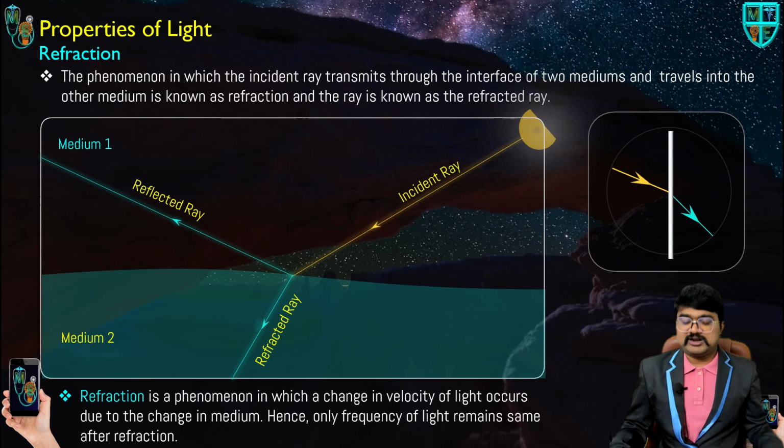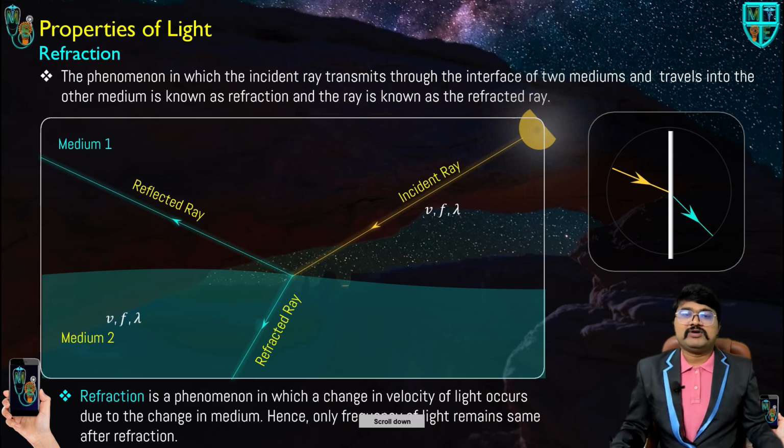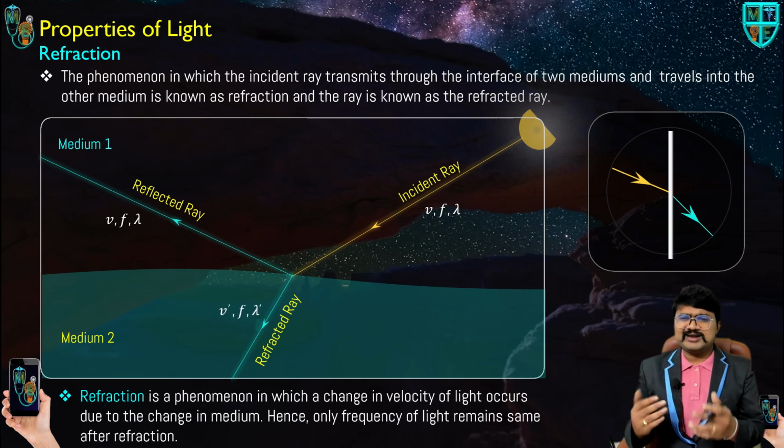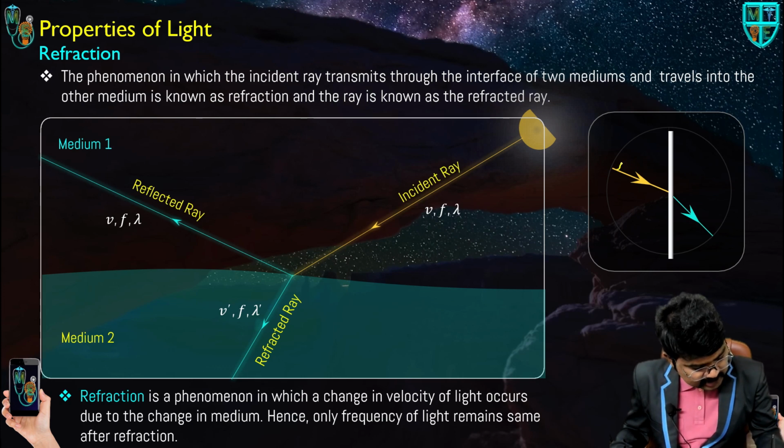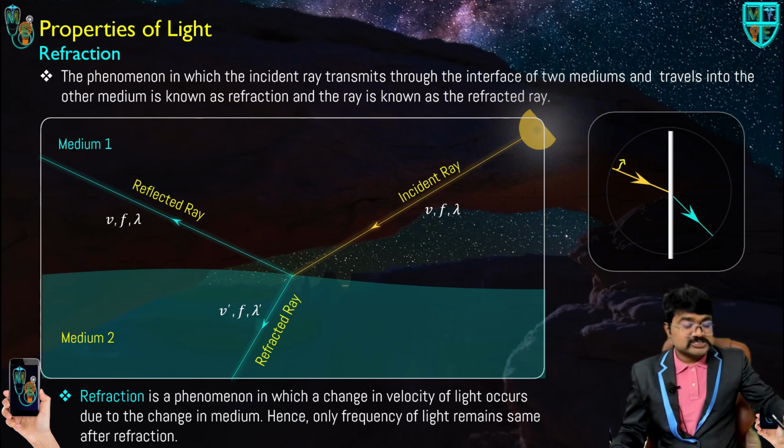Here we have the incident ray, reflected ray and refracted ray, with their wavelength, frequency and velocity. This part is medium 1, and the light transmits into the other medium.